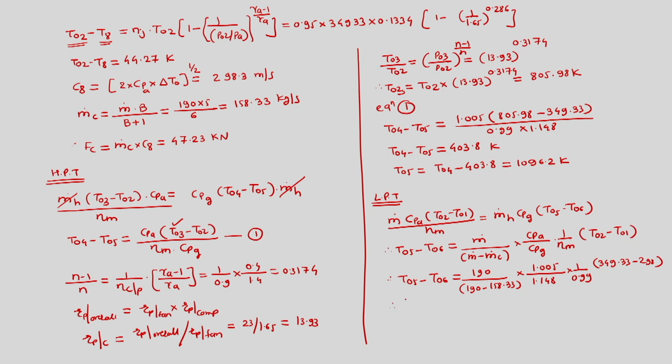Having said this, we can find out T05 minus T06 as 272.311 Kelvin. So this is the temperature drop in the low pressure turbine.